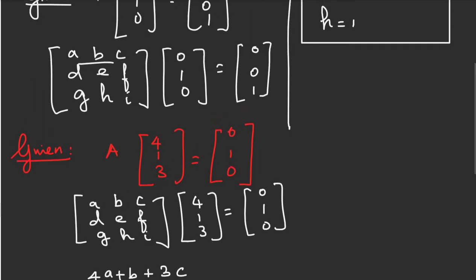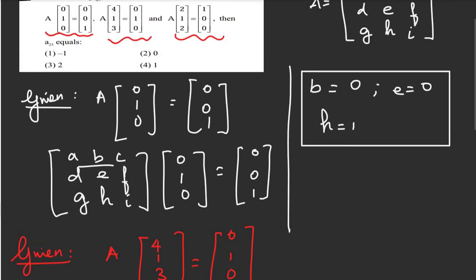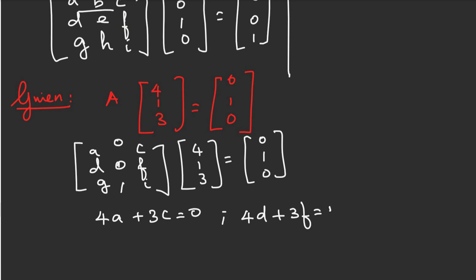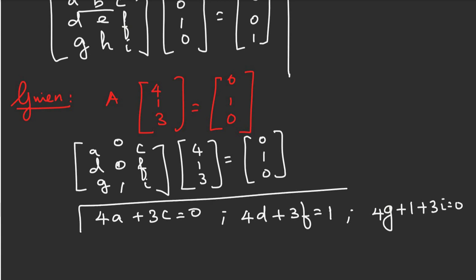Substitute the values of B, E and H here: B is 0, E is 0 and H is 1. Therefore the simplified equations become 4A plus 3C is equal to 0, 4D plus 3F is equal to 1, and the next equation becomes 4G plus 1 plus 3I is equal to 0. Another set of equations we have got.